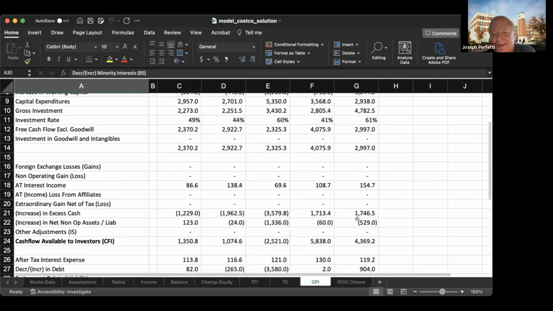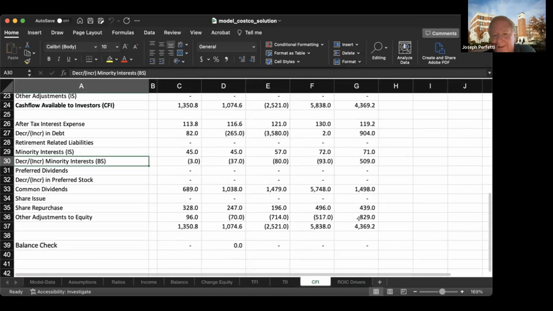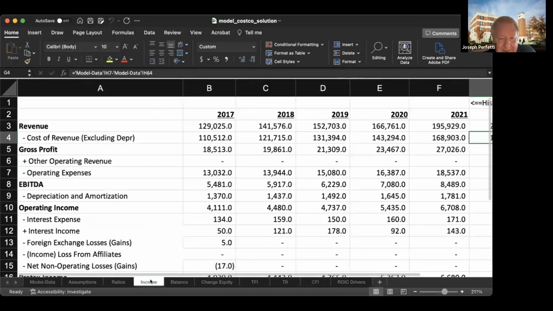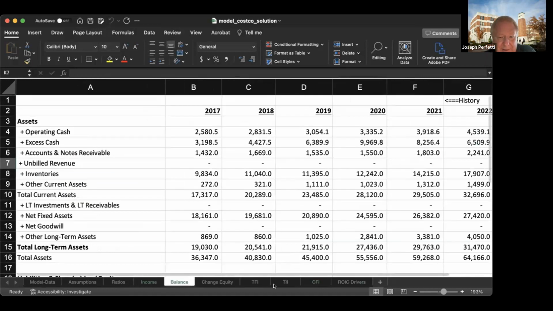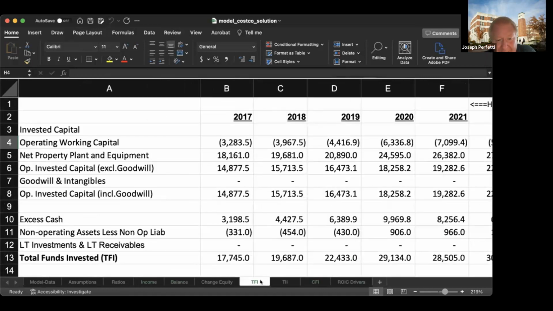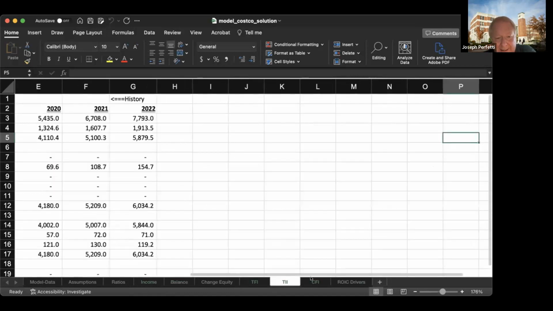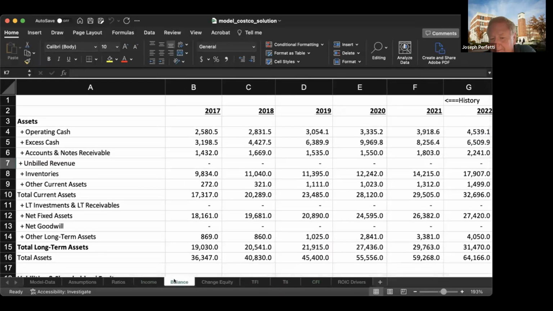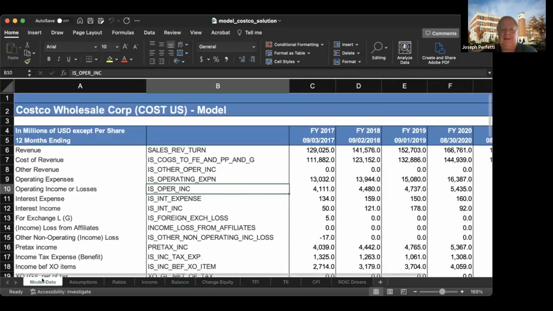On the CFI, it fully balances the CFI with formulas, so you can see where everything came from to check your solution and to see the rest of the CFI. Also, this income statement and balance sheet is auto tied, which is what you should have done, to the TFI, TII, and CFI from these standardized income statements and balance sheets. Okay. What's an addition in this file is this tab called model data.